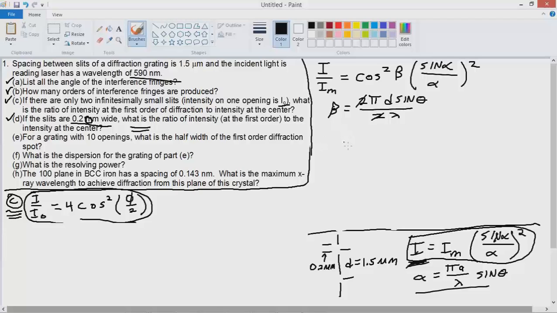Sine theta is d over lambda. This factor will be 1. Sine of pi, of course, is 0, but the limit, well, anyway, we're going to find out what this looks like.